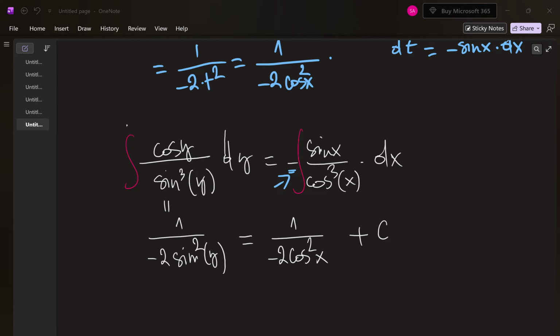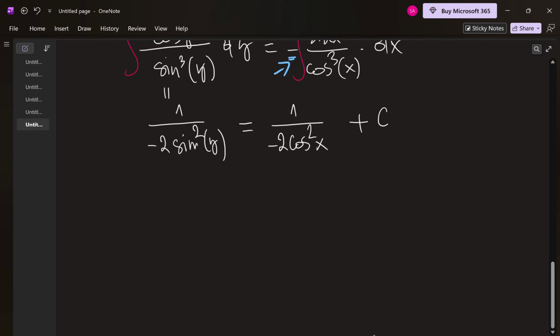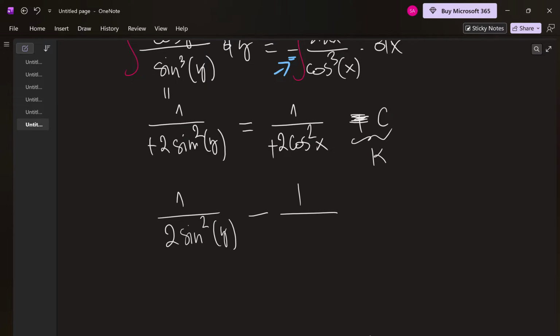So we multiply both sides by minus, this becomes plus, and this plus, and here we have minus c, and this minus c we could take as k, and we take all to the other side, and we have 1 over 2 sine squared y minus 1 over 2 cos squared x is equal to k.